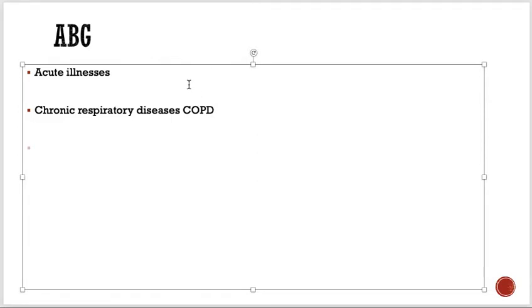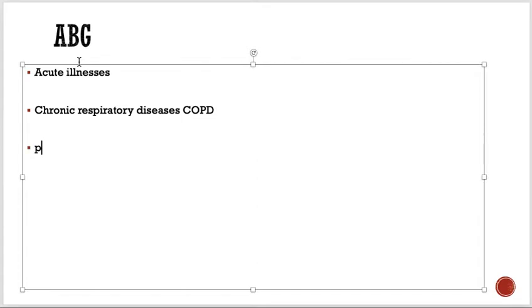So in acute situations, this provides a lot of information about the level of oxygen, the level of carbon dioxide, whether there is any acidosis or alkalosis, and the level of bicarbonate. Whenever we order ABGs, they tell us a few things.